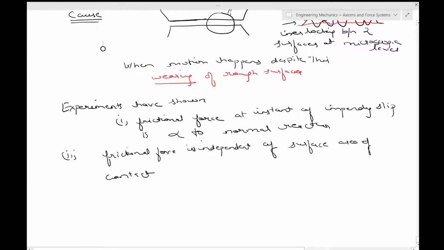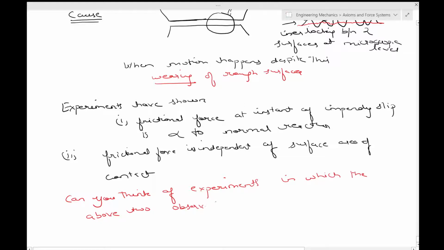Now it's a question to you: can you think of experiments in which the above two observations may be made? Please take your time and think about this, okay?